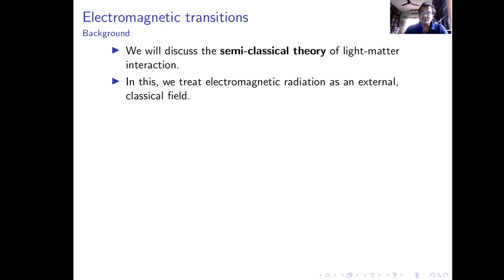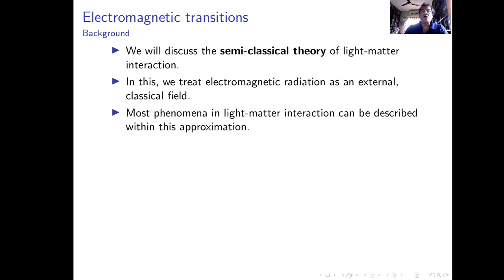It so turns out that almost all phenomena in light-matter interaction can be described within this approximation with an additional small consideration as far as the vacuum fluctuations are concerned. We will talk about that later.